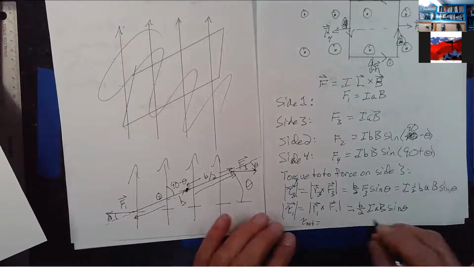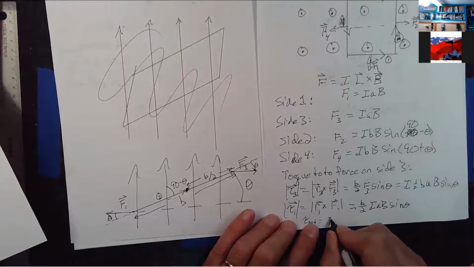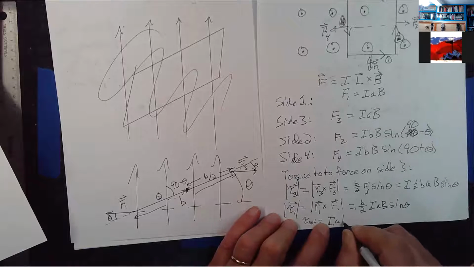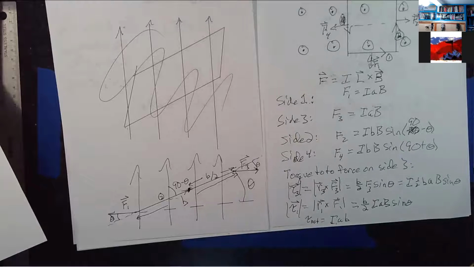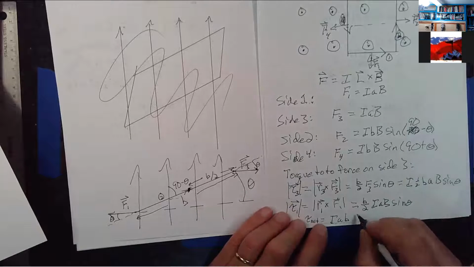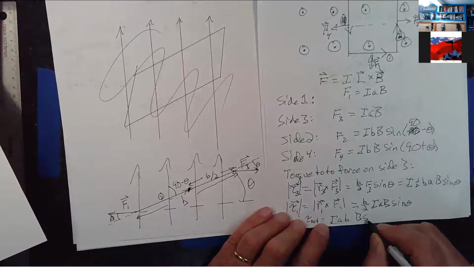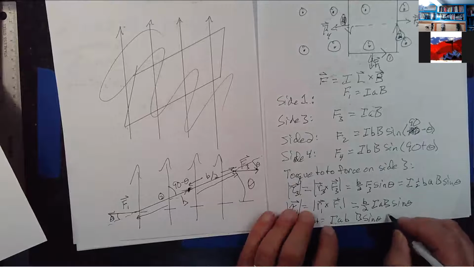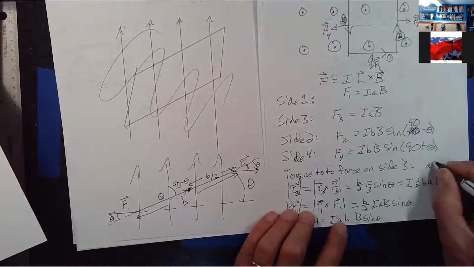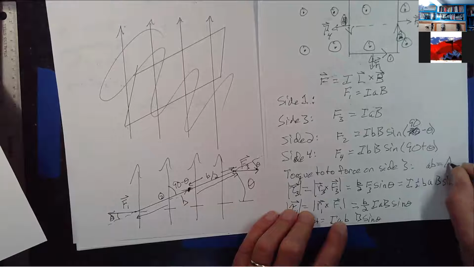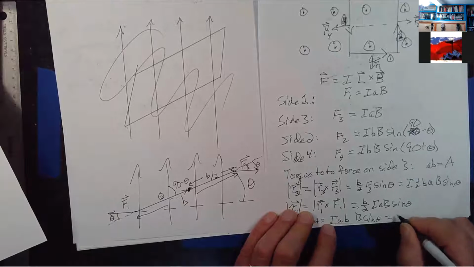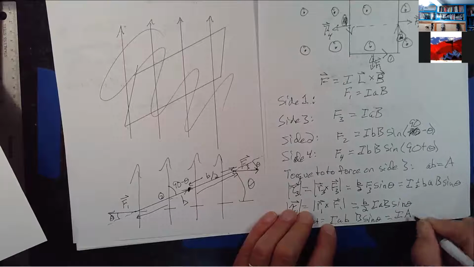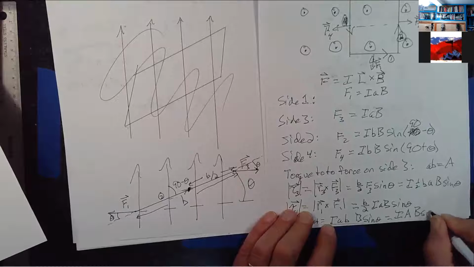And so I'll have I little a little b, then capital B times the sine of theta. Little a little b is the area of the current loop. And so for shorthand notation, I can just say little a little b is equal to capital A. So this will equal I A B sine theta.